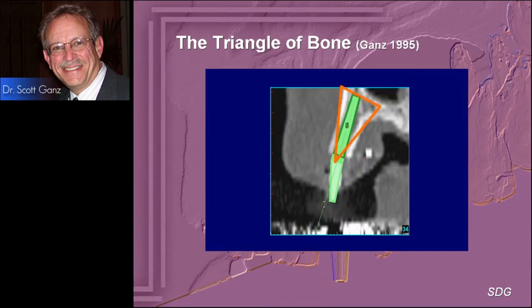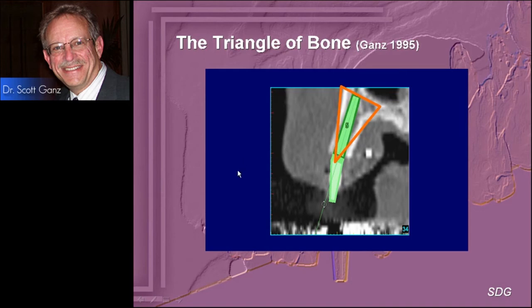And if we can place that implant within the body of this triangle, you will have an implant that is surrounded by the most volume of bone. Of course, the bone has to be there to begin with. And we'll follow that concept as we go along. So as the technology has evolved, you can see that we've gone from a two-dimensional cross-sectional image to an actual three-dimensional cross-sectional image.